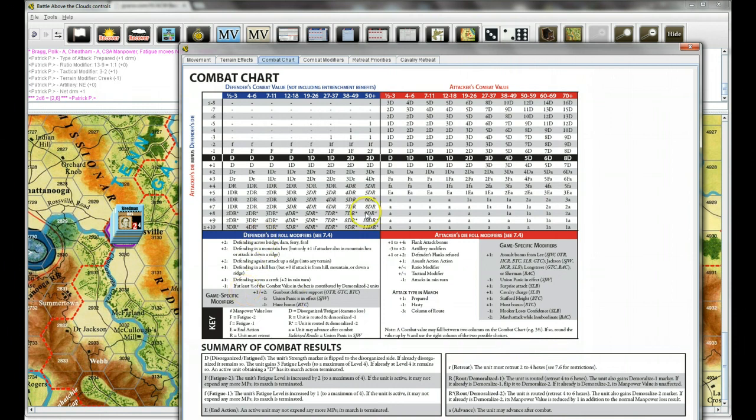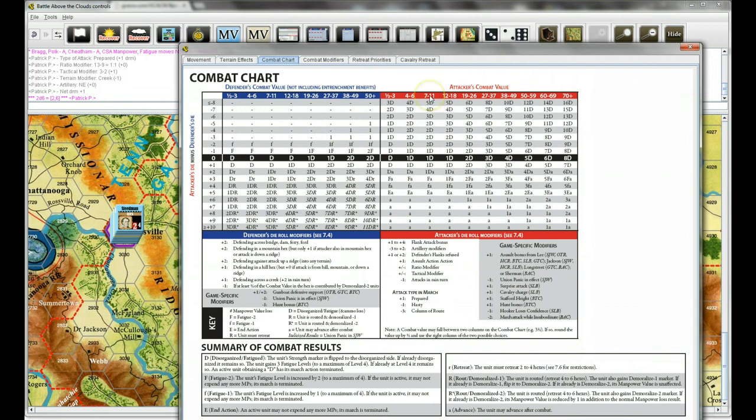Now, if this is your first time looking at this chart, it's very simple, though a little counterintuitive. The attacker is over here on the right-hand side, the defender is on the left-hand side. So all you have to do is look down the column for the size of the attacker.